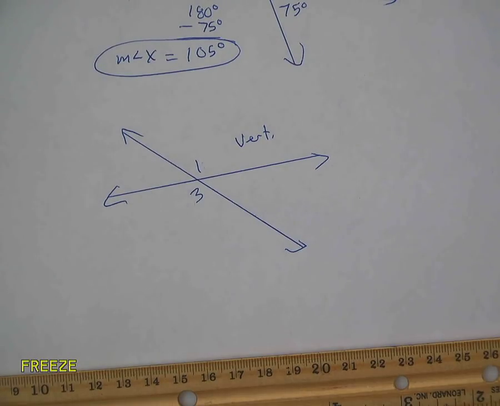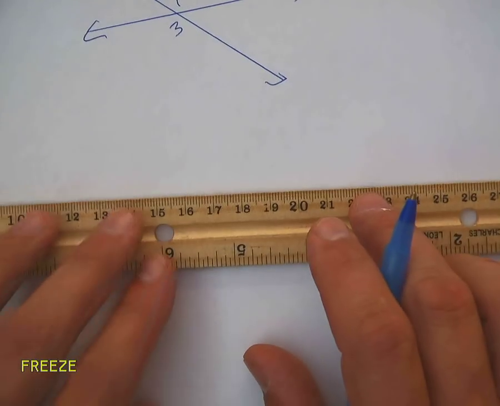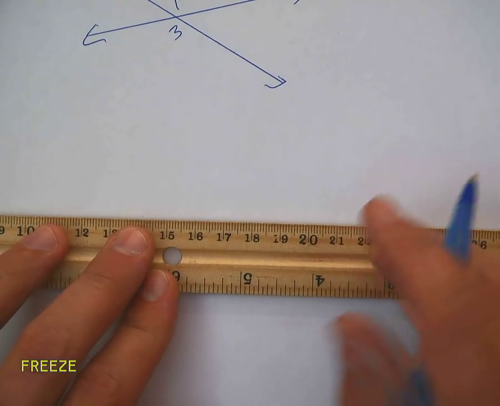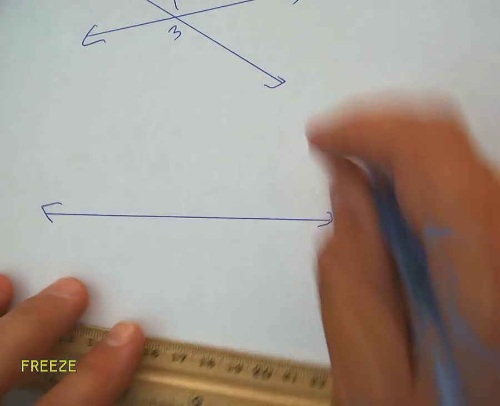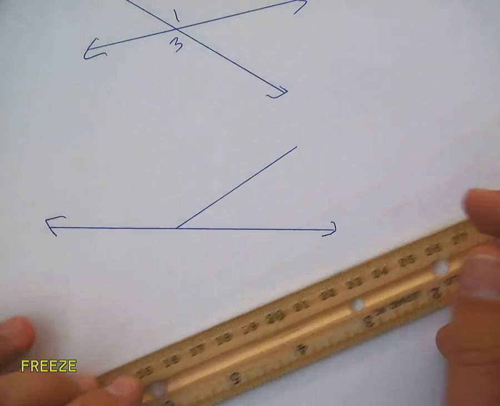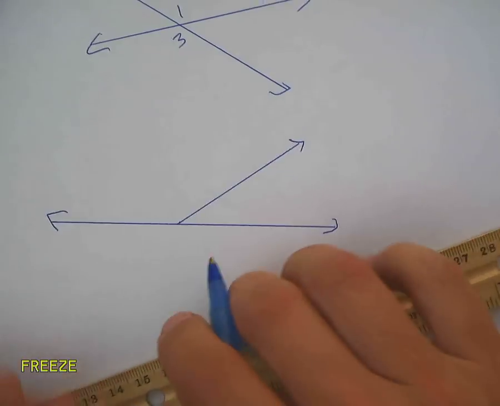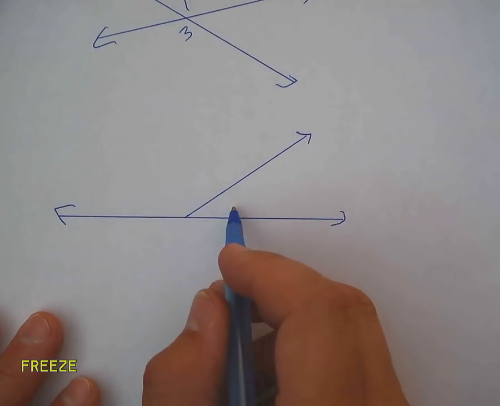Okay, now, next thing I'm going to do is I'm going to draw for you a linear pair. Okay, and this is a linear pair of angles, which means they add up to 180 degrees.